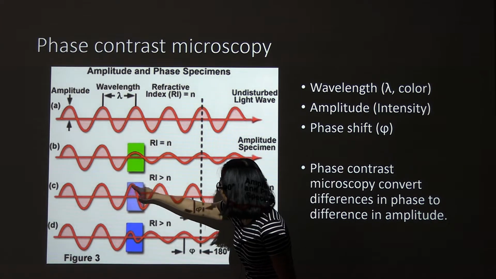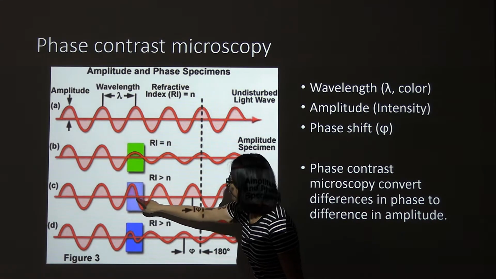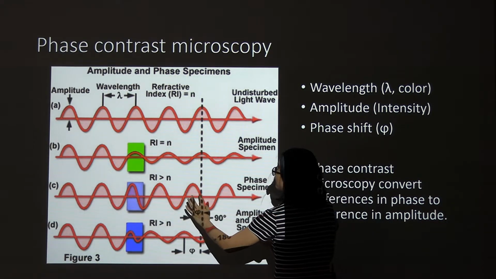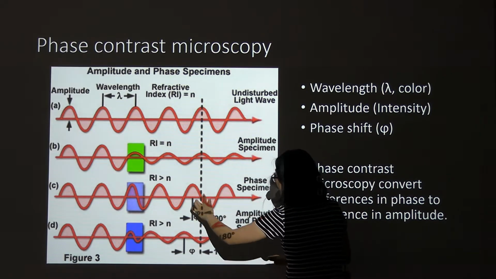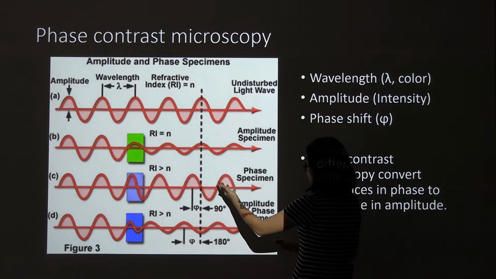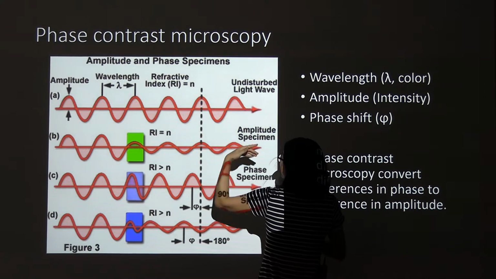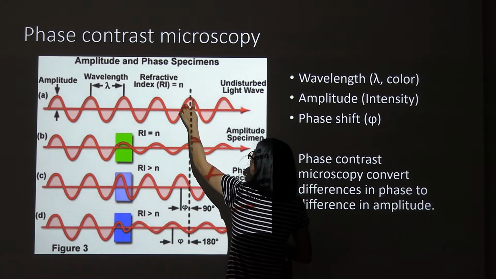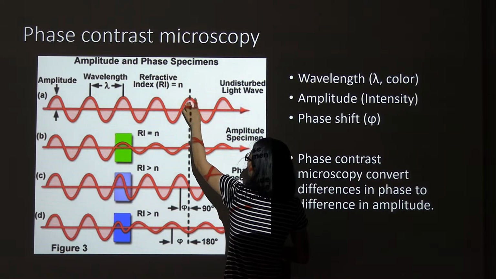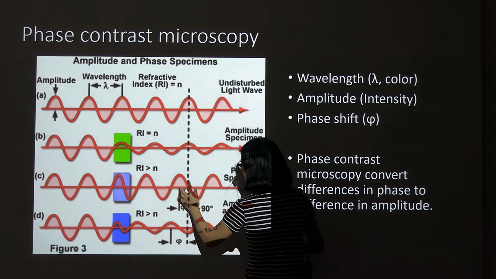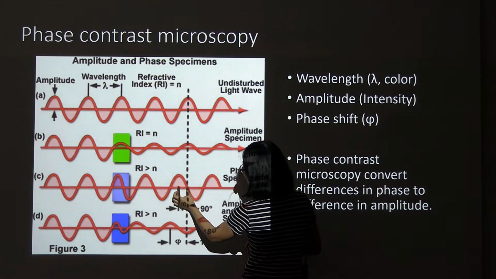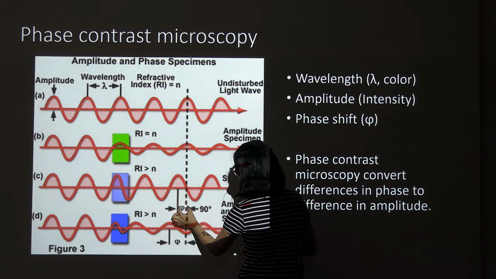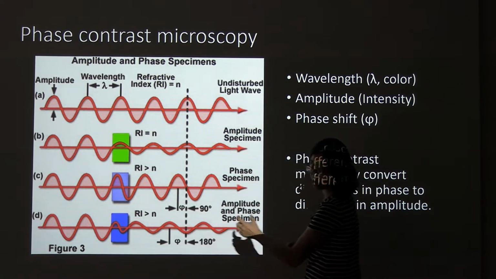But since it goes faster here, the phase changes. So let's see here at time 0. Without specimen, at time 0, there's a high peak of the light. But when you see here, it's moved a little bit back. So we call it a 90-degree phase shift.